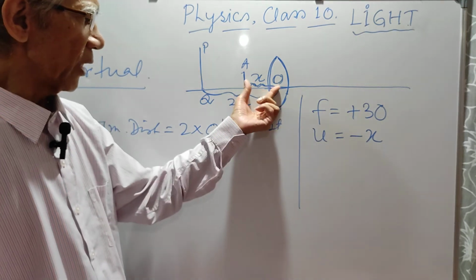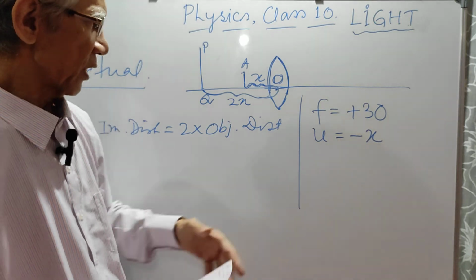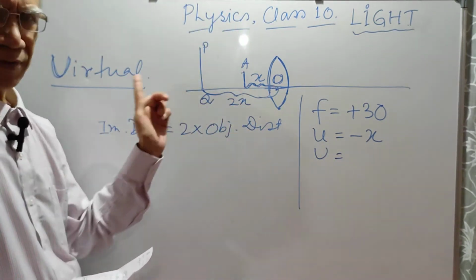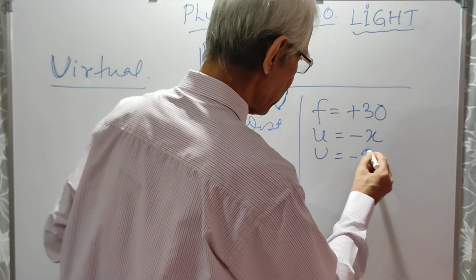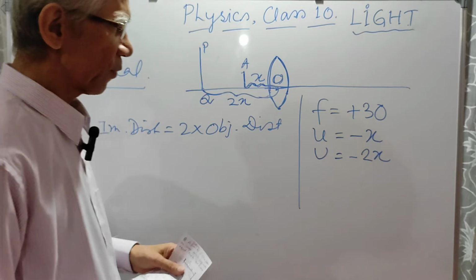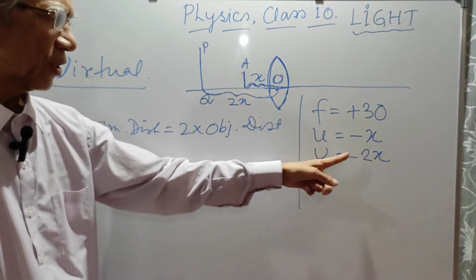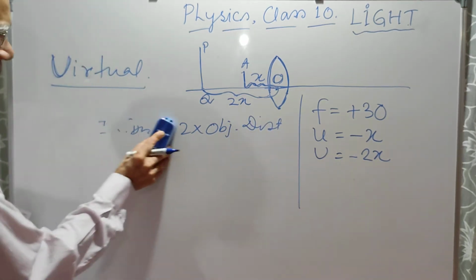So this is numerical value x, and this is numerical value twice x. So u is minus x. Now here the image distance is also on the left side, so it will be negative. So v is minus twice x. Now put the values in the lens formula.